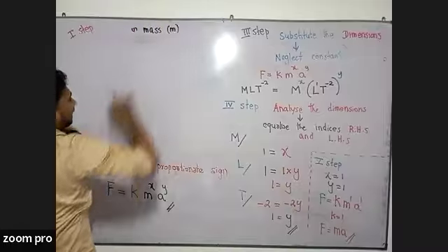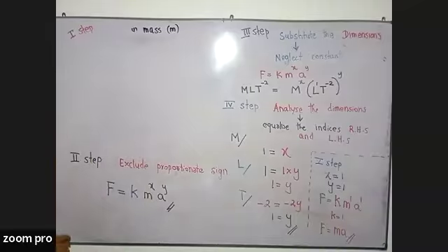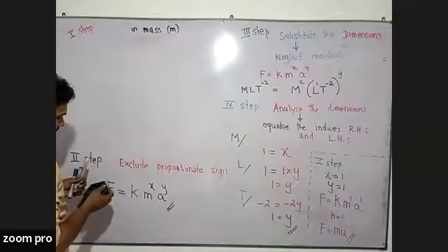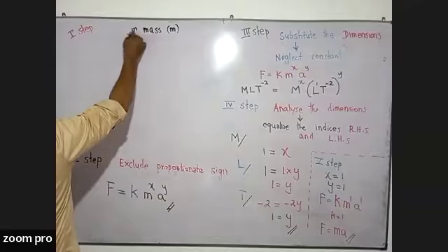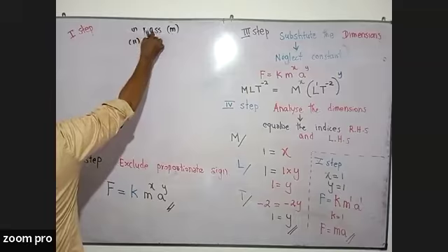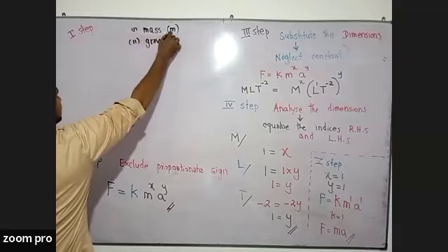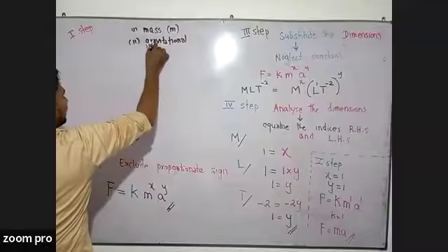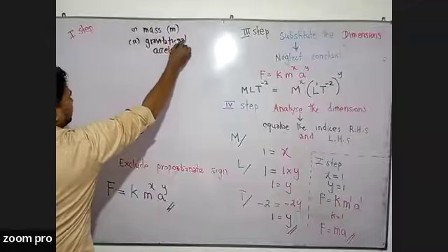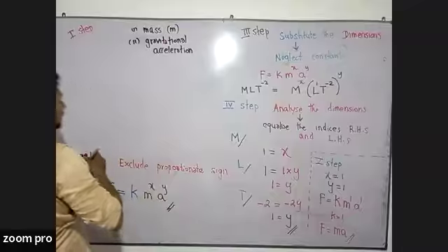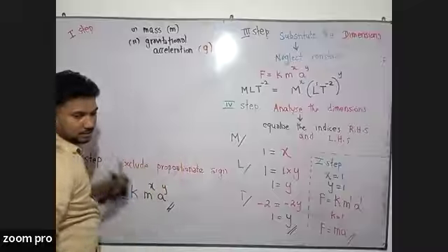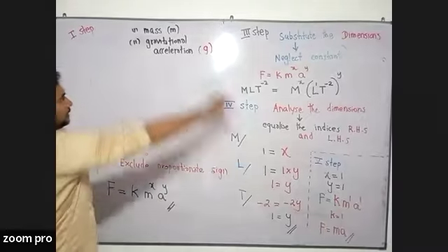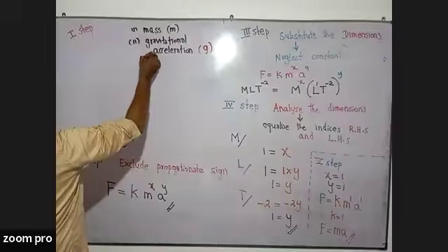First one, mass, within bracket simple m. Second one, gravitational acceleration, within bracket g. Guys, gravitational acceleration means the same acceleration that we learned.